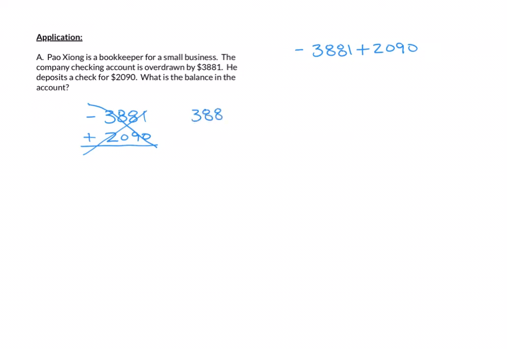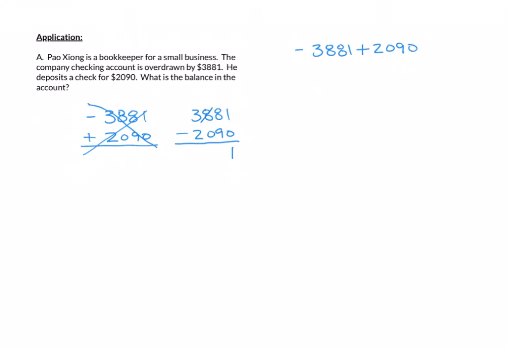I'm going to subtract disregarding my signs. And I'm going to do my computations off on the side and then go back and determine the sign of my answer. So if we go ahead and subtract this, we get 1 minus 0 is 1. I cannot do 8 minus 9.